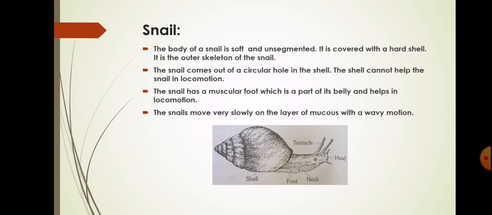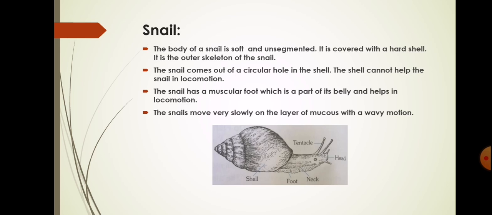Snails do not have segments, meaning they do not have different parts. They have a soft, unsegmented body, which is covered with a hard shell. It is called an exoskeleton. This shell cannot help the snail in locomotion. It just protects its soft body.